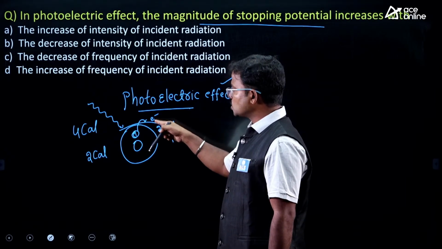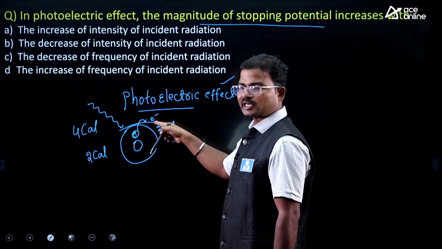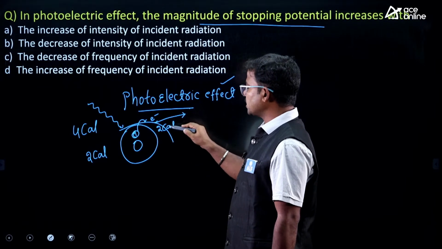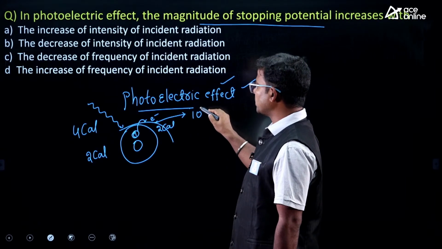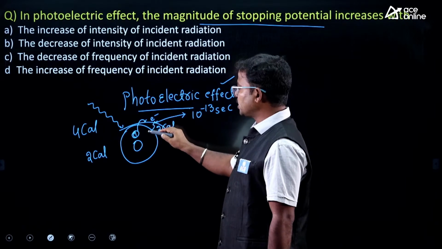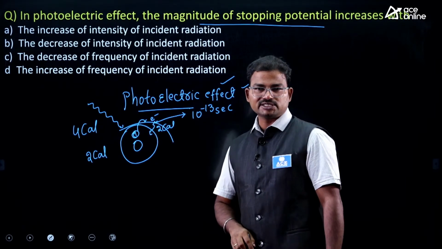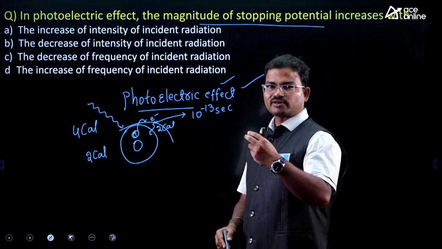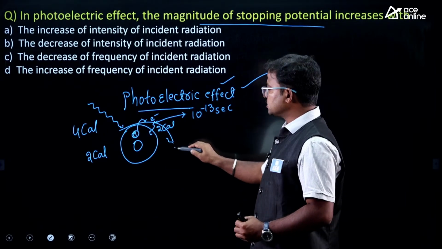This is not the exact position of the electron; actually it comes from the lower energy level. At the higher energy orbital it stays only around 10 to the power minus 13 seconds. After that it jumps back into the lower energy orbital. From lower to higher it absorbs energy, and from higher to lower it releases energy.